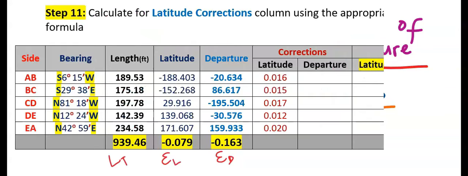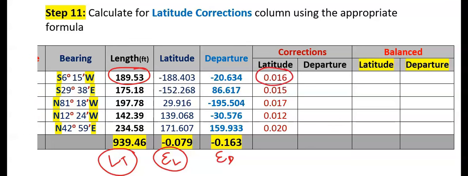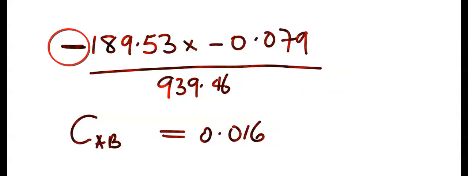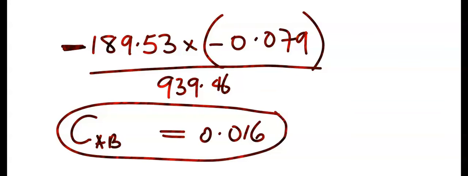That is, the negative of this length multiplied by the total error of this latitude, divided by this total length, will give you 0.016. This minus is always in the formula, but this minus came from the table, and you're going to get the correction for A to B is 0.016.